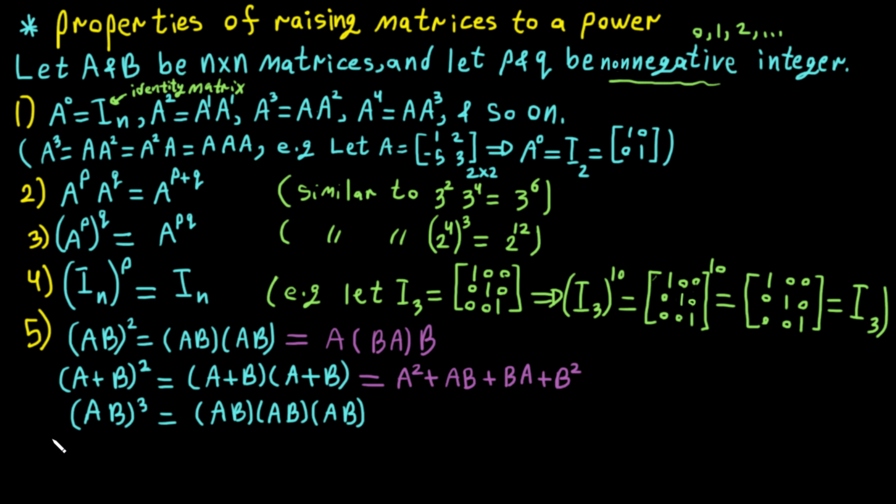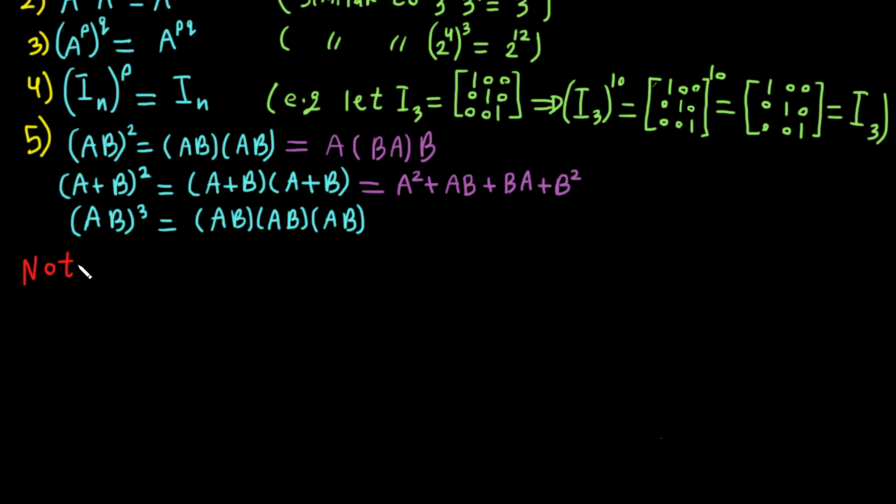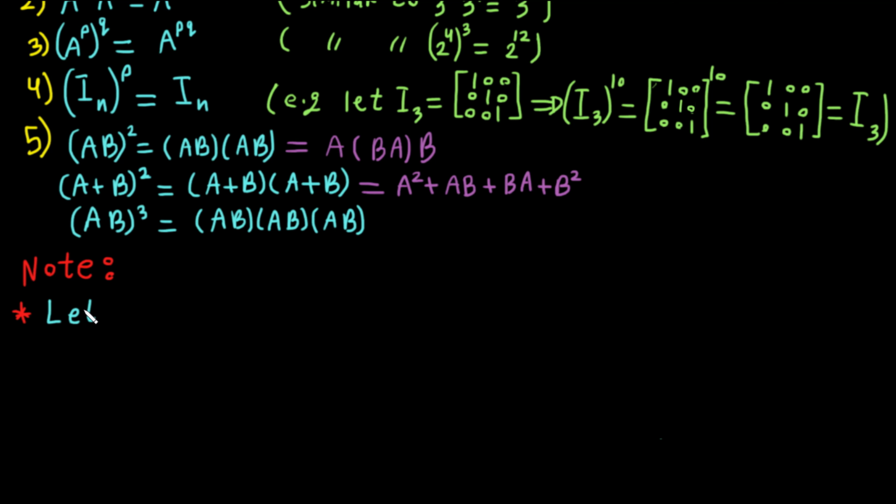So let's write a note below this one. Let A equal this matrix: 1, negative 2, 3, 4.